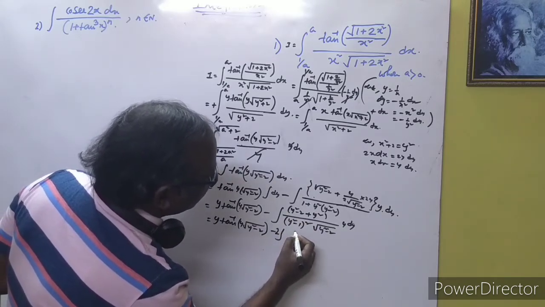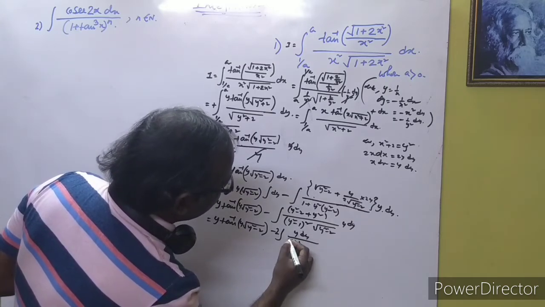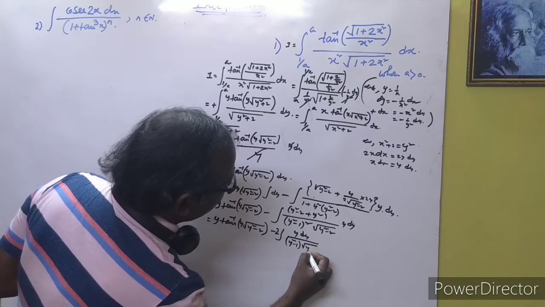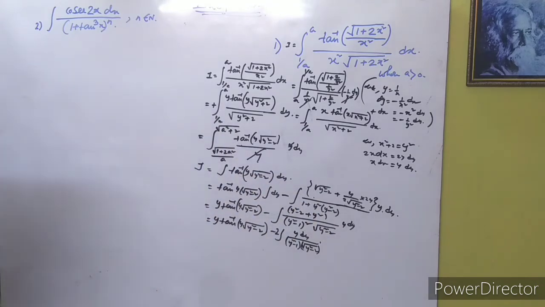So we are left with y dy by y square minus 1 and root over y square minus 2. Okay, see carefully. This is minus 2 into the integral of y dy by y square minus 1.